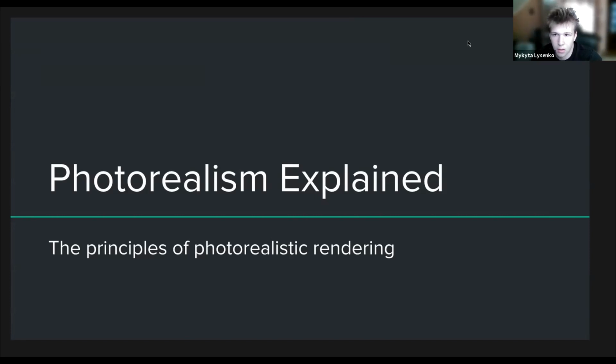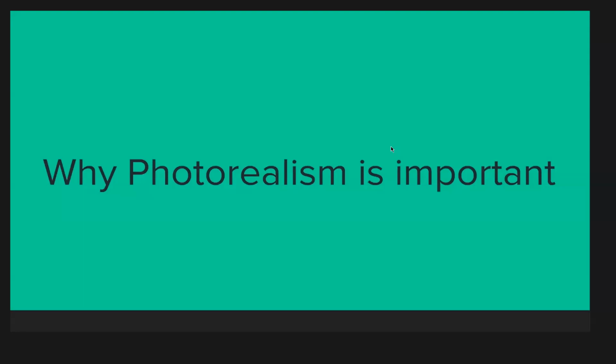Okay, hello everyone. I'm going to be your guide to photorealism. More specifically, I'm going to be talking about the principles of photorealistic rendering. Let's start with why photorealism is actually important.